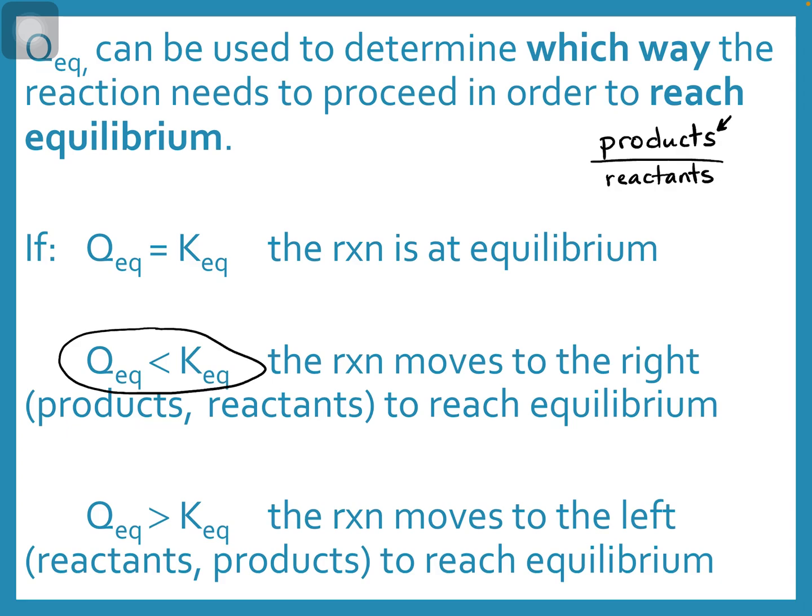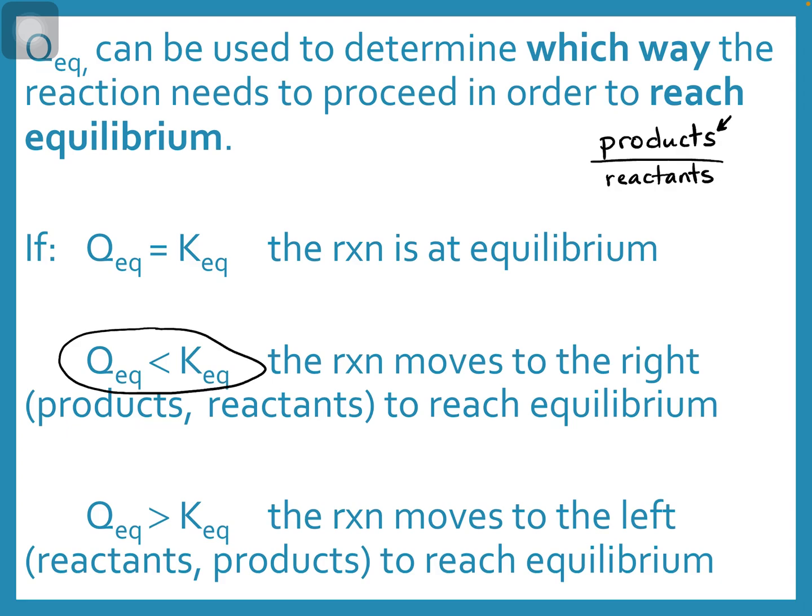If we have a smaller number than where we need to end up, then in order for our number to get larger, we're going to need more products. So this one is going to move towards the right. Products are going to be made here.